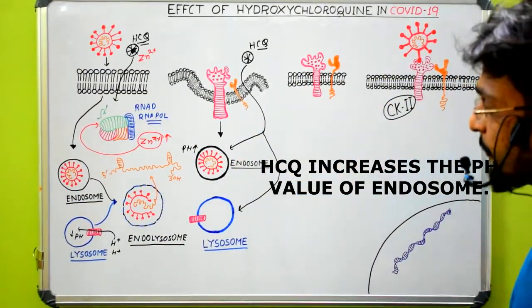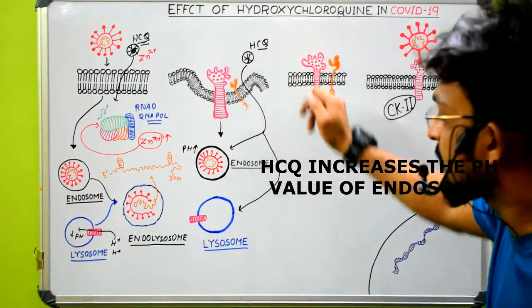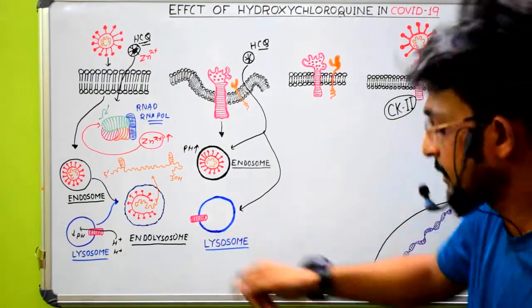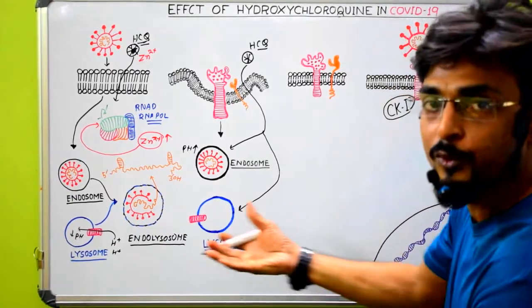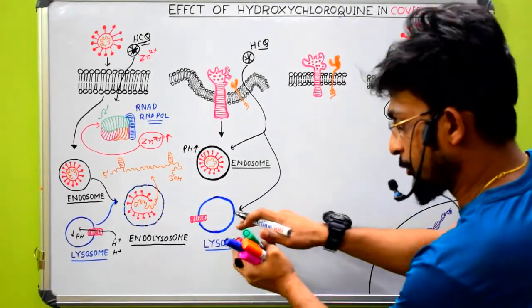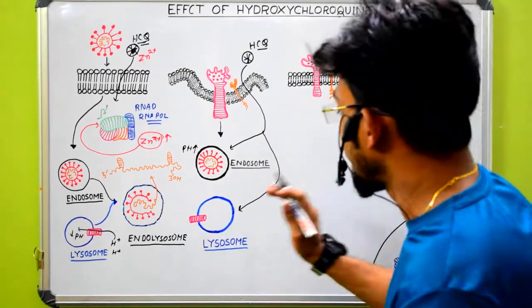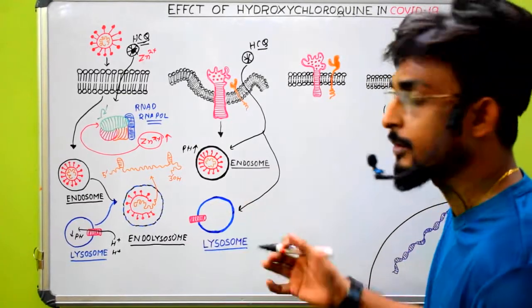Okay, and inside the lysosome, what this hydroxychloroquine is doing, it affects the proton pump. As a result, the lysosome cannot drag the proton from the cytosol into its environment. So it prevents the lysosome from taking hydrogen ions or protons from the cytosolic region.